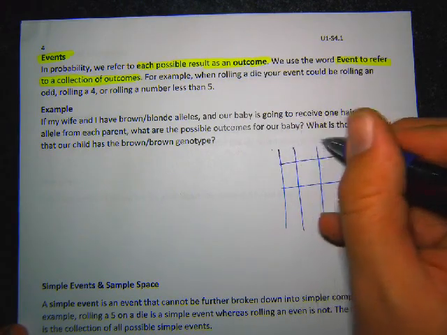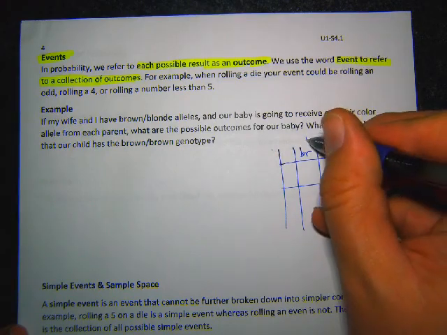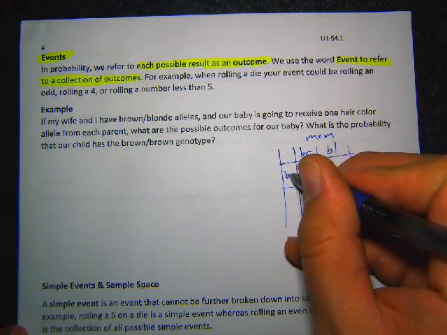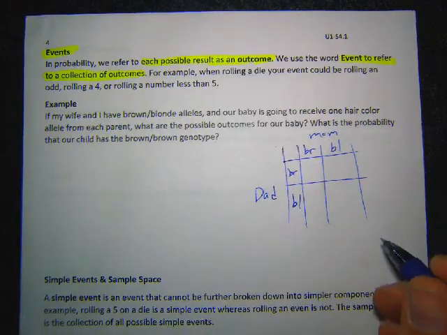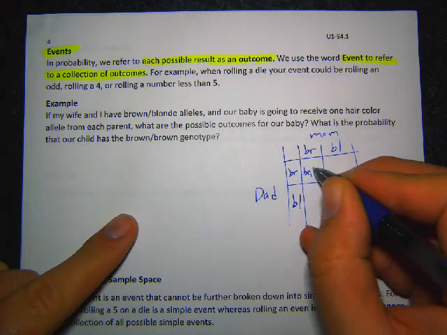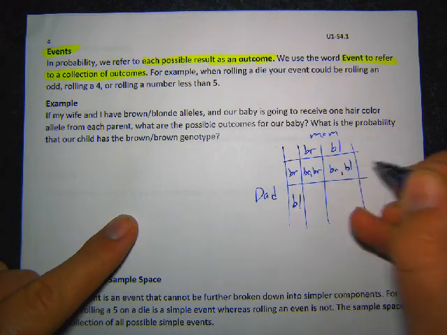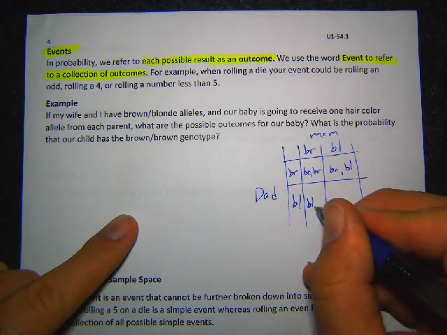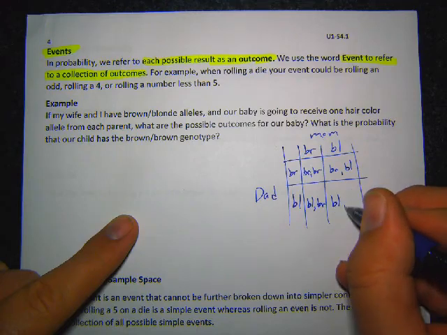So he has a brown blonde from his mom and a brown blonde from his dad. And so the possible outcomes, he could have a brown brown. He could have a brown blonde. You could have a blonde brown. And you could have a blonde blonde.